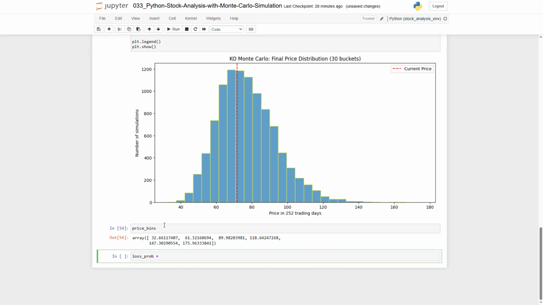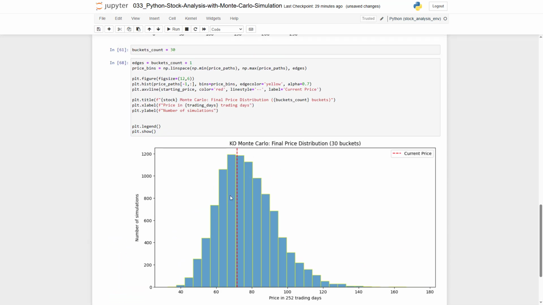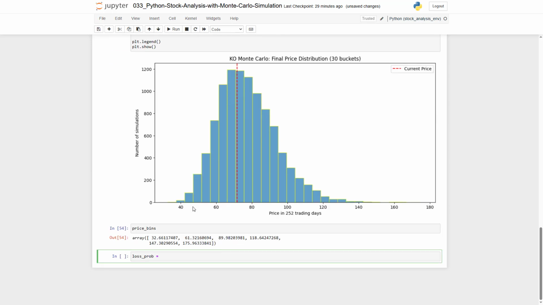We calculate the times in the simulations where final price is less than starting price. So let's do it. From here, I'd see that it's over 50% on the good side, and here we will be not exactly on the good side, but it happens.